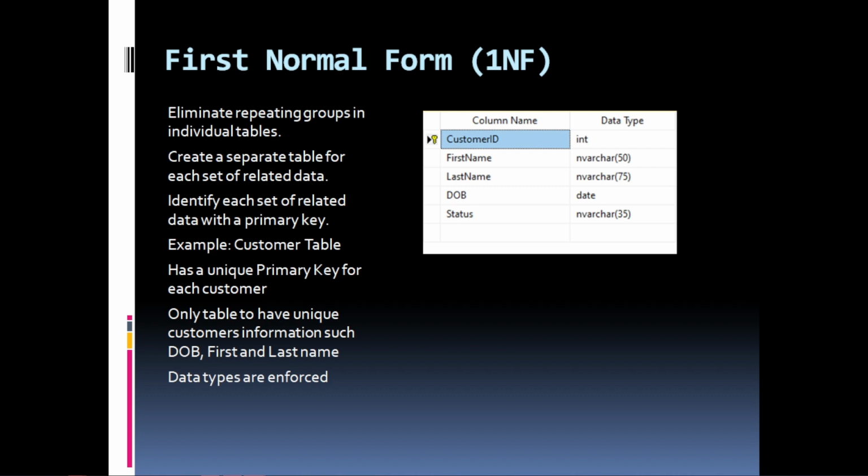And as I mentioned, the customer table has unique fields like date of birth, first and last name, and also the data types are enforced. What I mean by that is you look at the customer ID as an int, and first name as a varchar. On the back end, the server enforces that for you, so you don't have to worry about it so much.